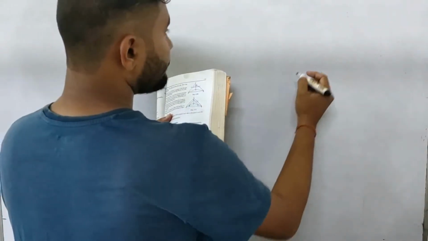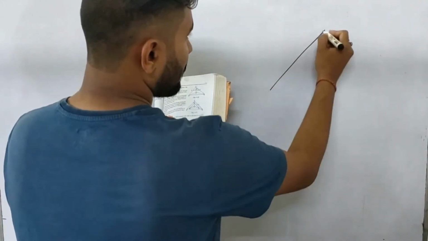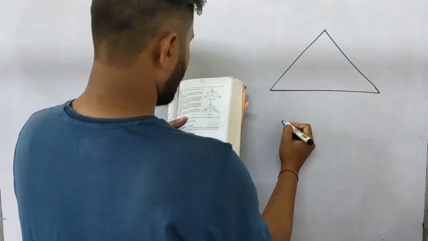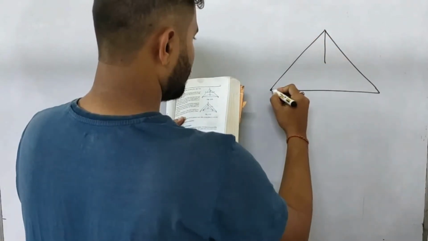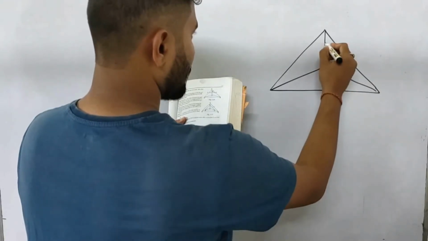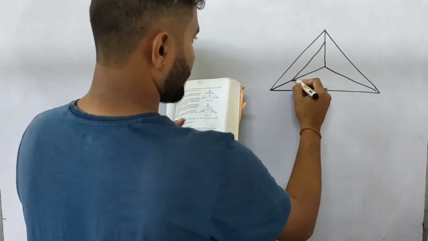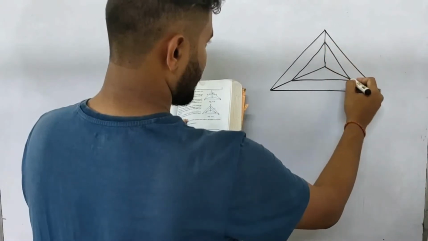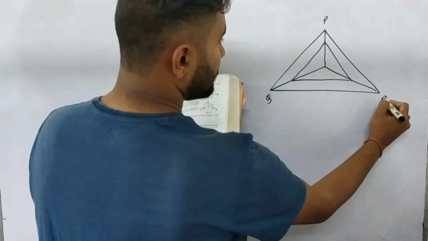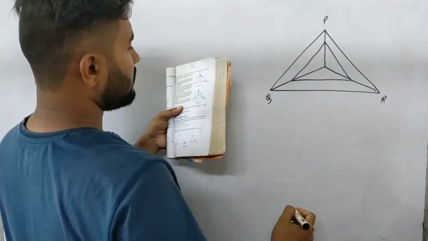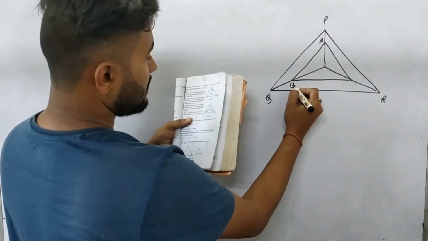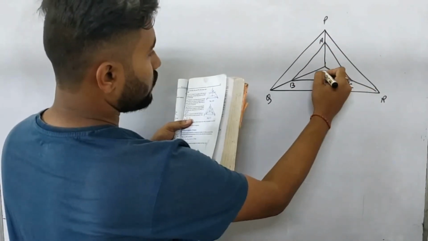Bigger triangle PQR, this is the bigger triangle, and there is A, B, C and O.